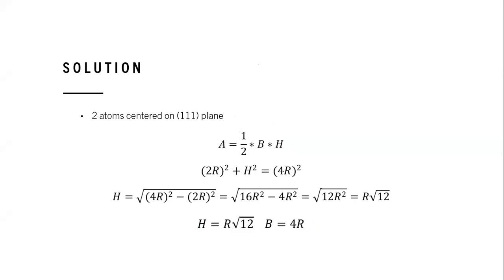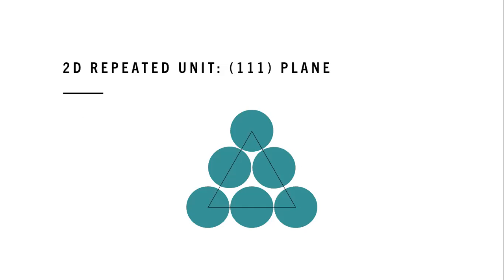Now, we need the height in terms of radius. So we use the Pythagorean theorem, and if we look at half of the triangle, we can see that the base is 1/2 of the total side of the triangle. So if each side is 4r, then half of that would be 2r.